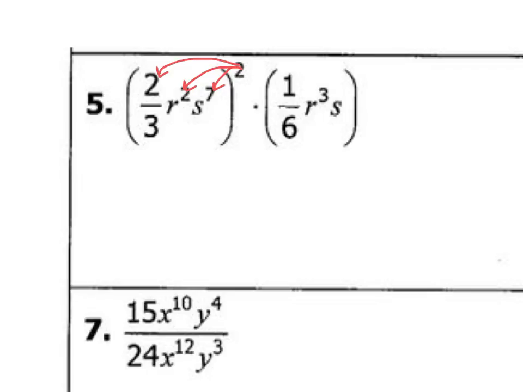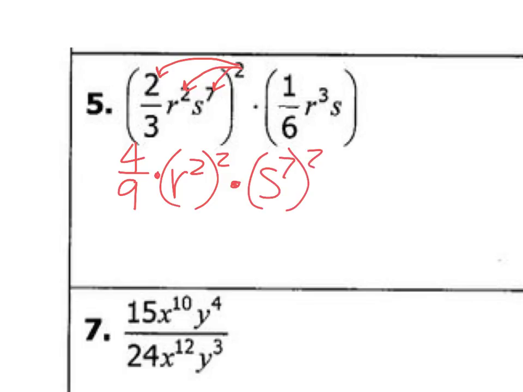So we would do 2/3 times 2/3, which would give us 4/9, and then times r squared times s to the 7th squared. Then we're just bringing down what's in the second parentheses, and we can drop the parentheses. So we've got times 1/6 times r to the 3rd times s, and we can put an invisible 1 up there because we know it's s to the 1 power. That'll help us when we're combining like terms.